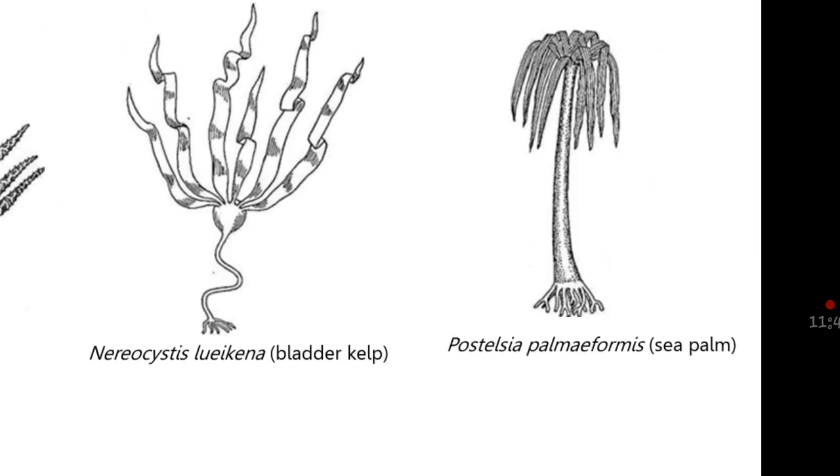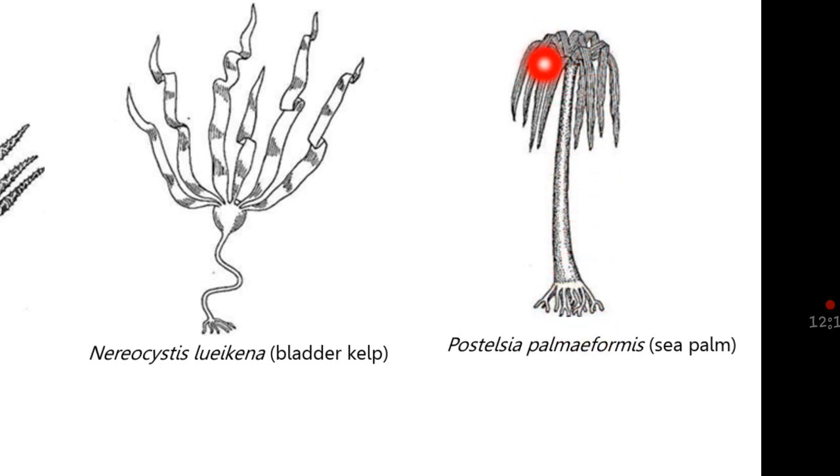Here you can see this is a coconut type of brown algae, Postelsia palmaeformis. It is called sea palm, isn't it? The name itself tells you that it is called sea palm, a coconut-like plant growing in the sea. Okay, so this is algae.